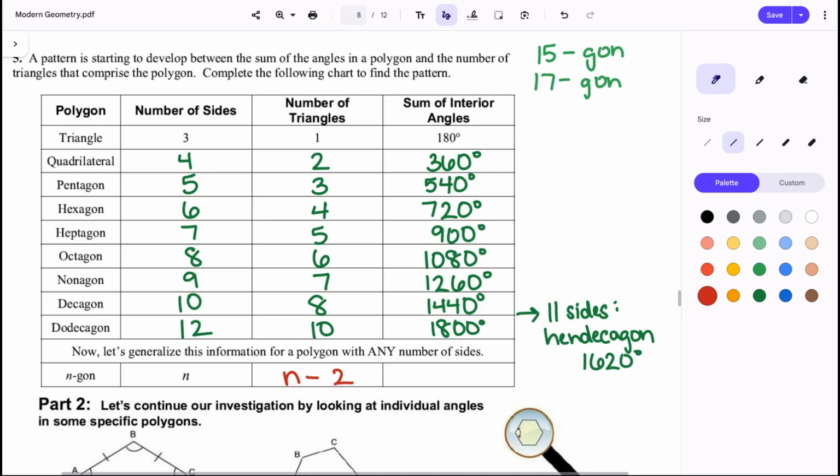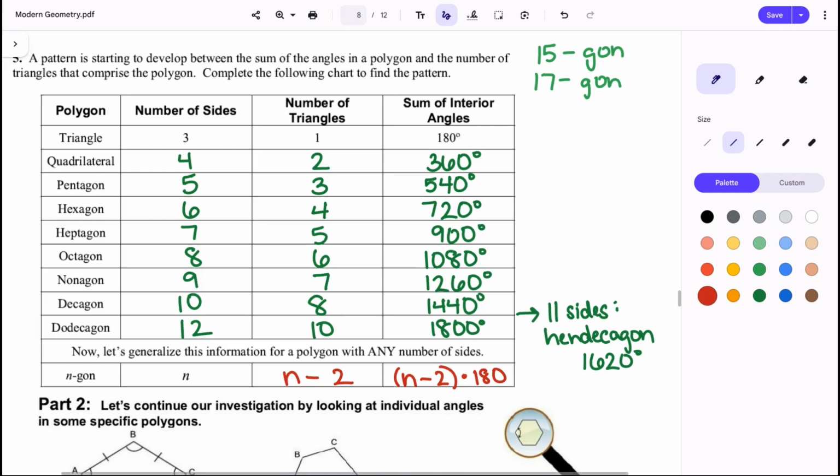And then after we found the number of triangles, so like the 1, 2, all the way up to the 10 there, what did we do with that number to get our sum? Times it by 180. So over here, I'm going to write that like this: n minus 2 times 180. That would allow me to find the sum of interior angles of any shape.